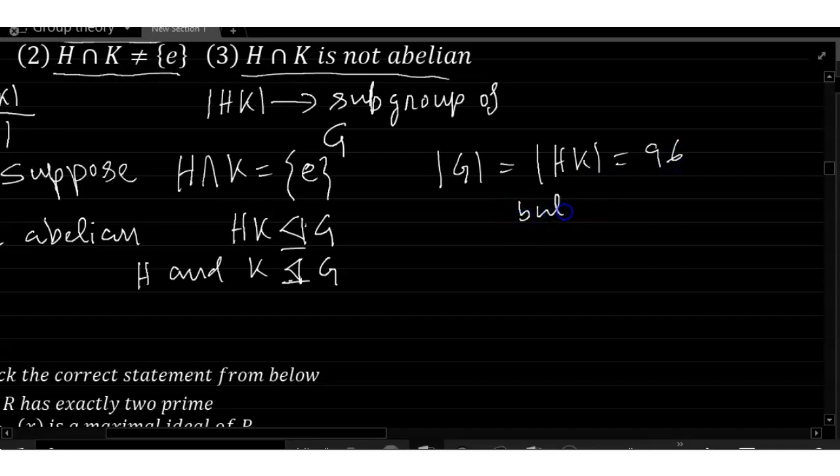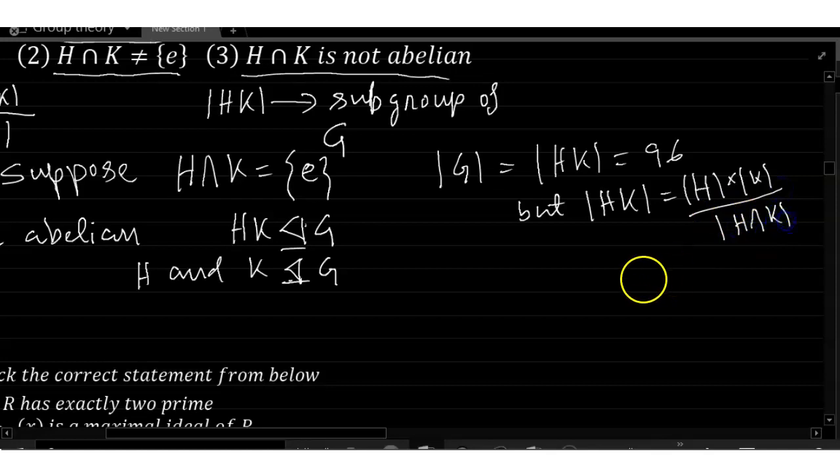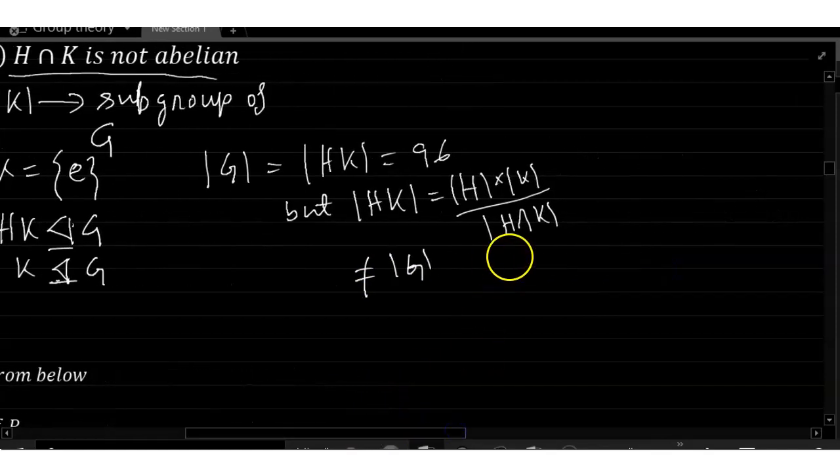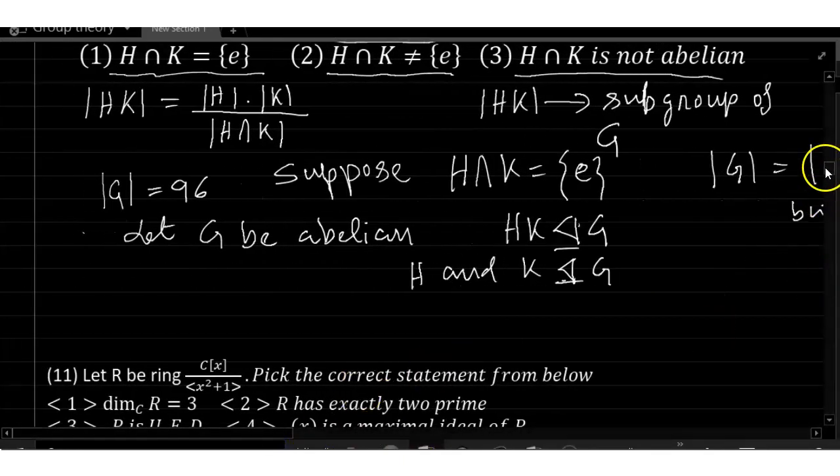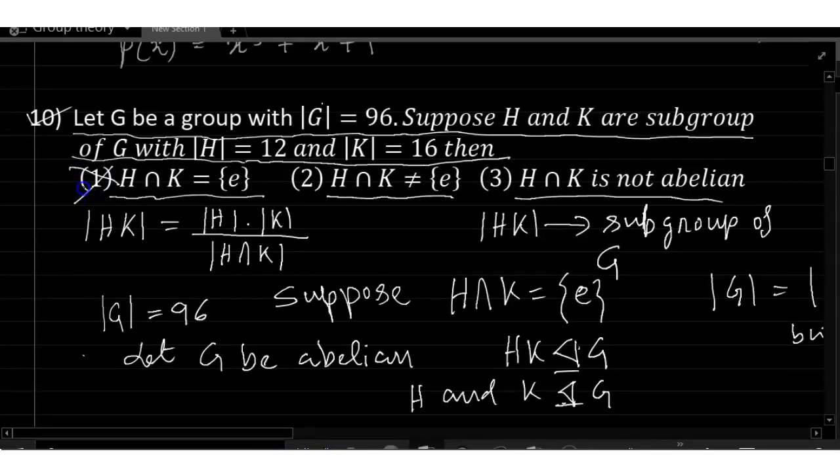But order of HK equals order of H into order of K, so the order of H intersection K is not equal to... H intersection K equals E. So the first option is not correct. So obviously the second option is correct.